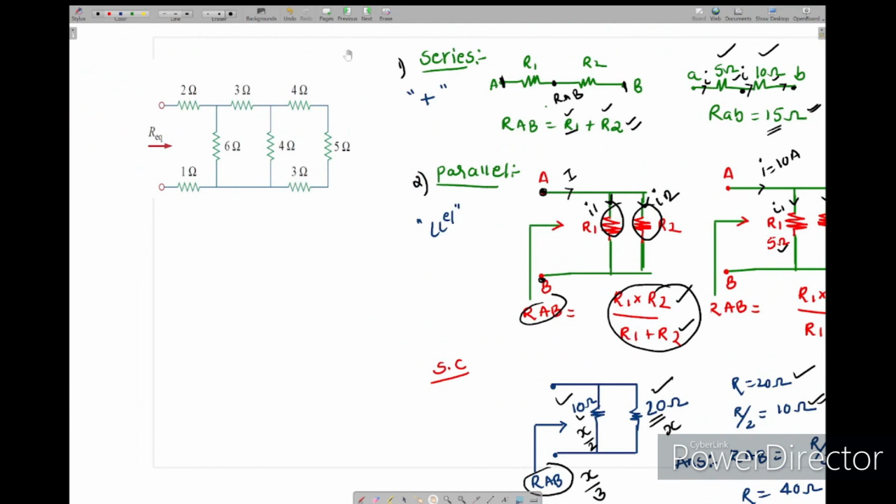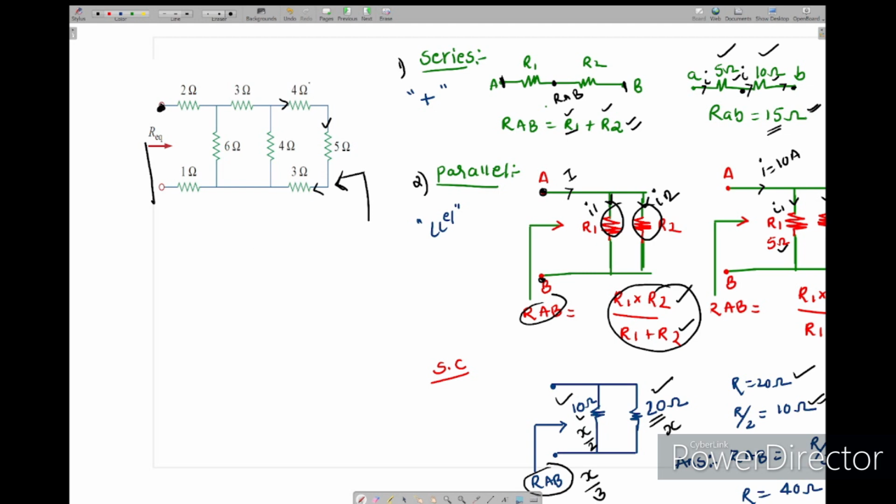Now to find the equivalent resistance across these two pins, we'll go from the back like this. If you see, these 4 ohm, 5 ohm and 3 ohm are connected in series.